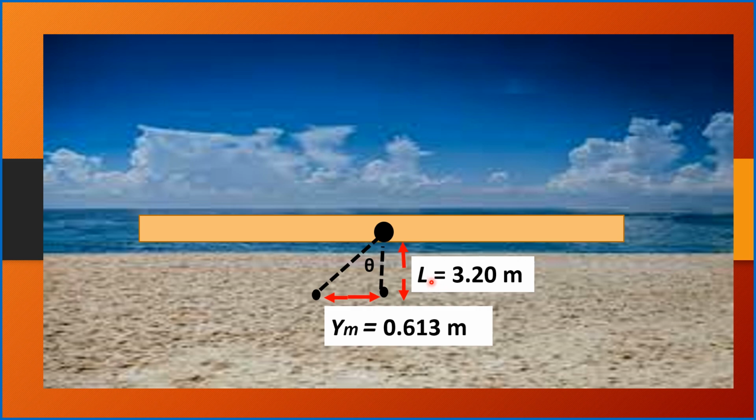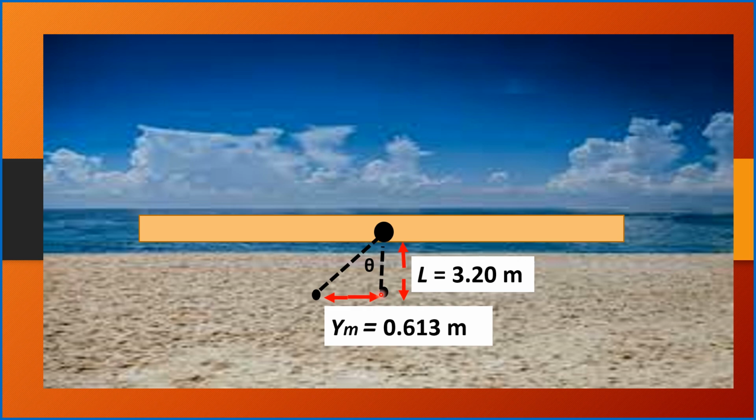So that distance from the slit to this point here corresponds to the center of the central bright fringe in diffraction of light.